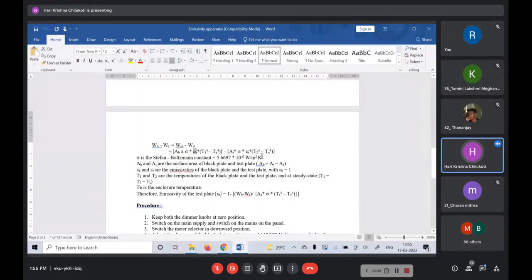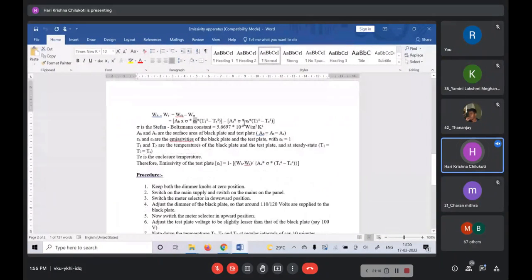At the steady state, the surface temperature of the test plate is equal to the surface temperature of the reference plate, that is T1 is equal to T2. And T is the ambient air temperature, which is equal to the enclosure surface temperature. We can obtain this value from the third thermocouple. So we know all these quantities.